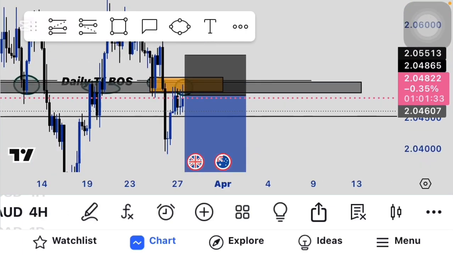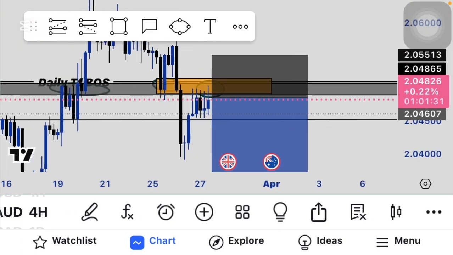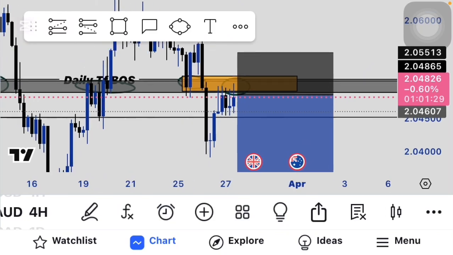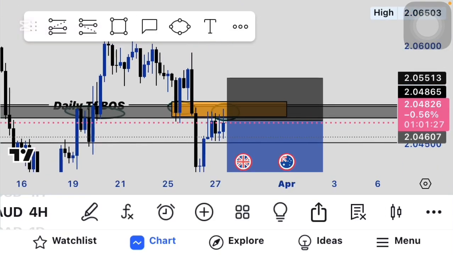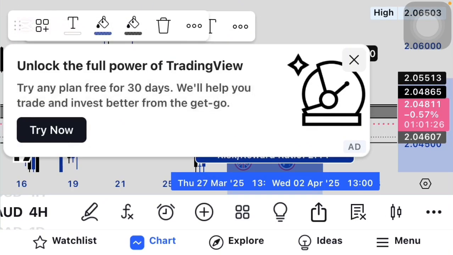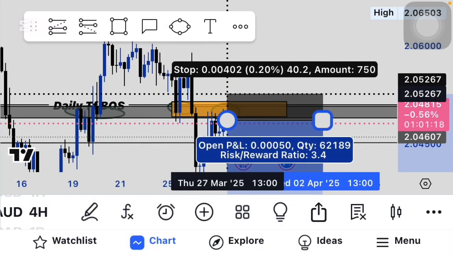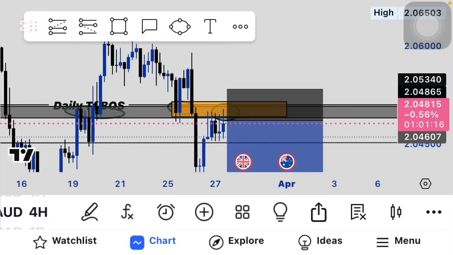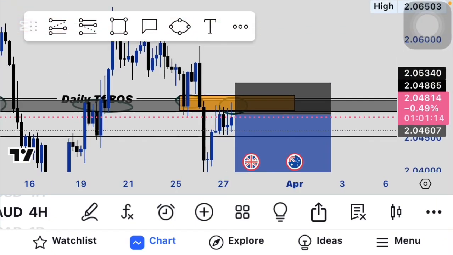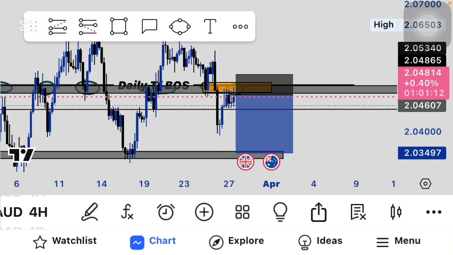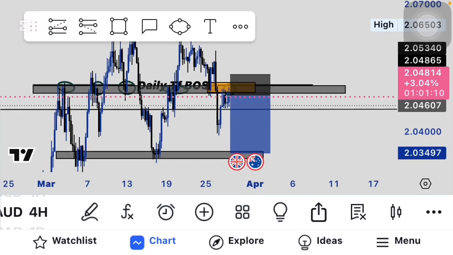I'll be selling to this zone. And my SL, I'll risk less here. My SL will be just above here. So whatever wants to happen, this is how I look forward to the trade.